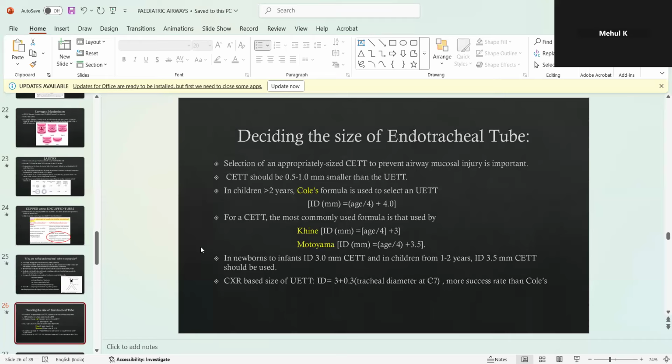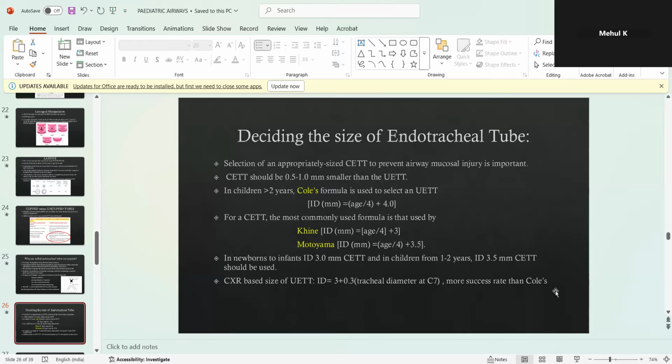In newborns to infants, an internal diameter of 3 millimeters cuffed endotracheal tube, and in children 1 to 2 years of age, an internal diameter of 3.5 cuffed endotracheal tube should be used. If you're still worried about causing mucosal injury, and you have the patient's radiographs available to scale, not the miniature or exaggerated versions, you can decide on the size of the uncuffed ETT by measuring the tracheal diameter at C7.